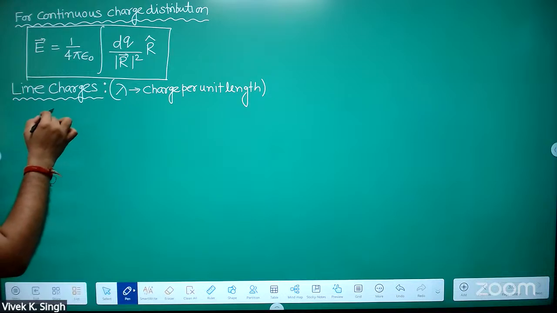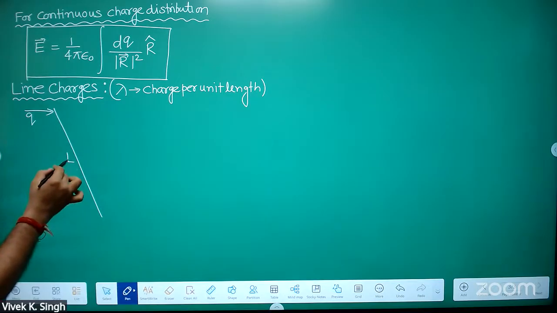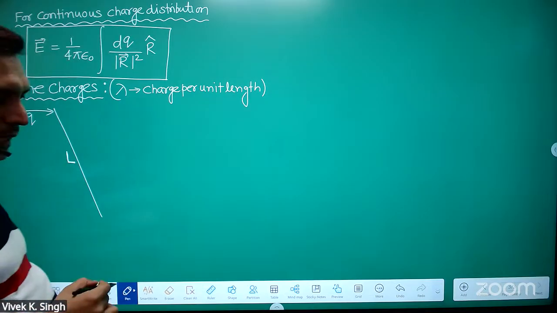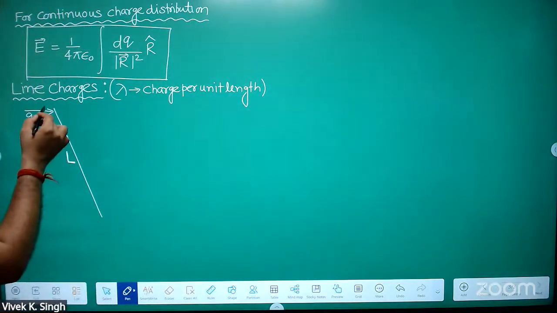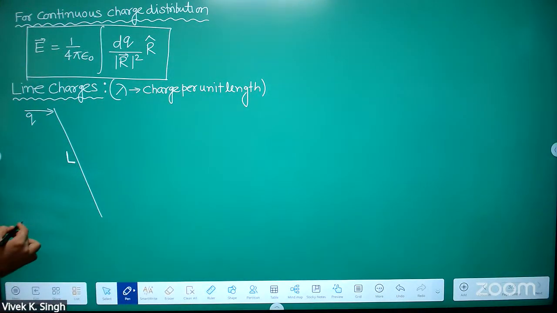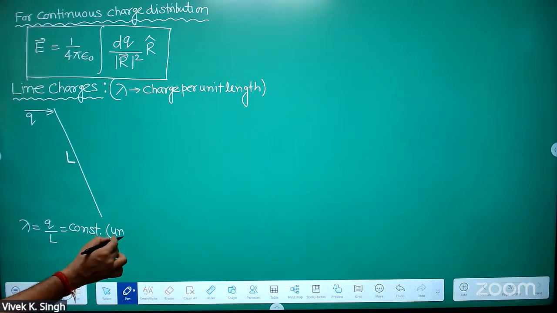So let us assume total charge Q is uniformly distributed over a length of wire. Over L length, charge Q is distributed, and let's say it is distributed uniformly. So lambda is given by Q by L. And if it is a uniform distribution, lambda is constant, and we say that distribution is uniform.